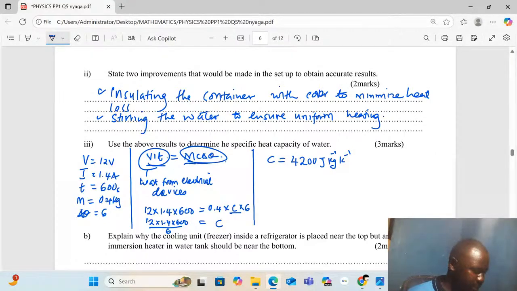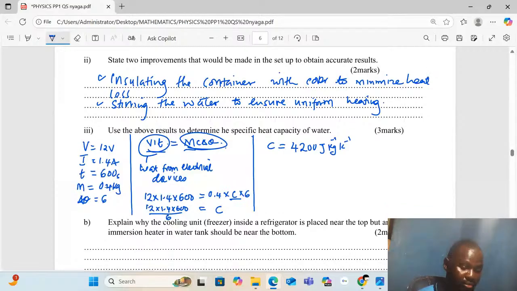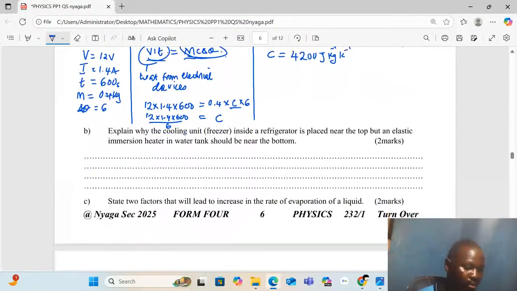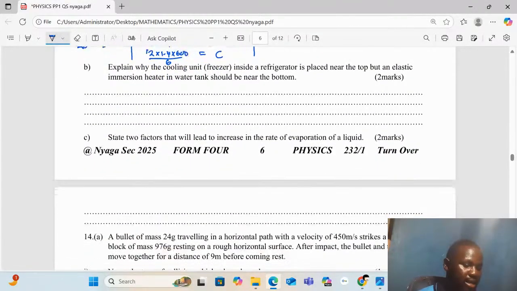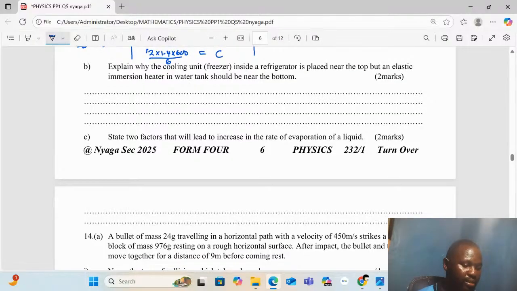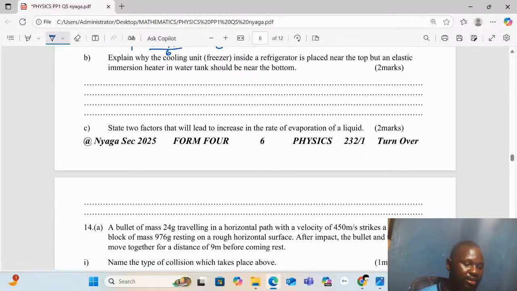We have an application question, part B of the same question. Why is the cooling unit, which is a freezer, inside a refrigerator placed near the top, but an electric heater in water is placed near the bottom? This one is all about bringing about convectional currents.